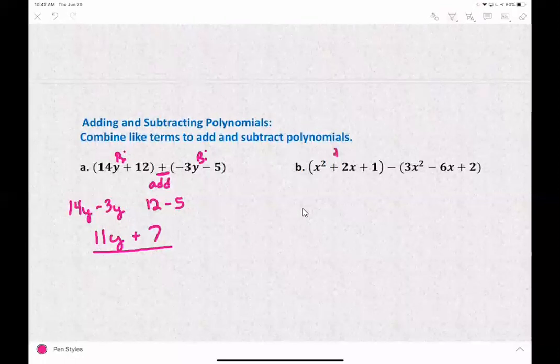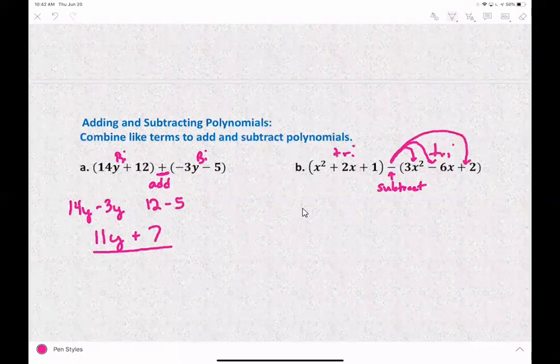Here we have a trinomial and a trinomial that we are subtracting. Okay, so what we're going to do is subtract. So this negative, you want to think about distributing that negative to each of these terms inside.